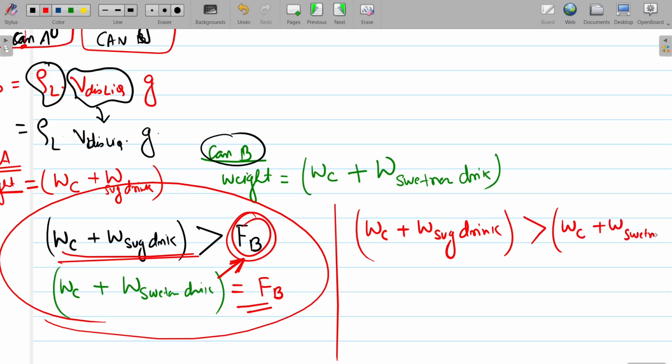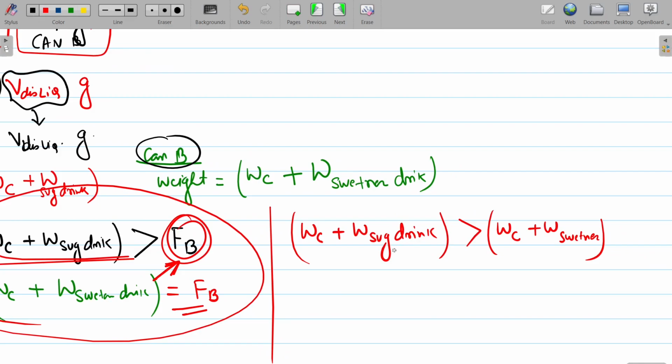This is an inequality. If you subtract WC from both sides, they cancel out. So now we are getting weight of sugar drink greater than weight of sweetener drink.